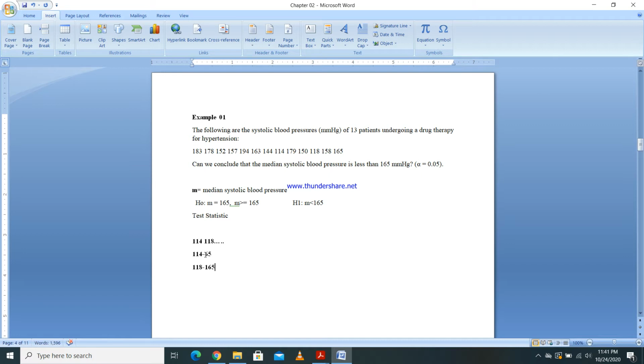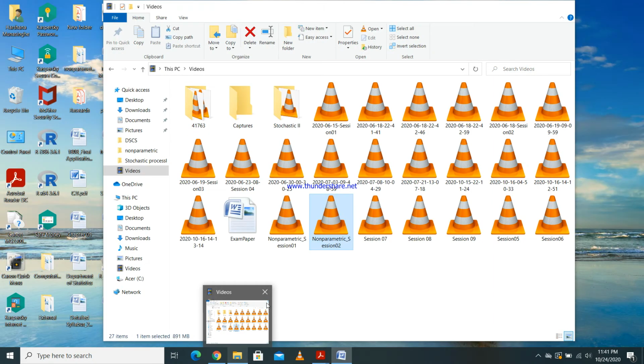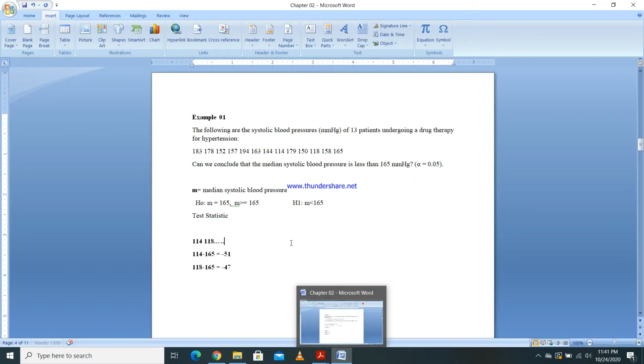When you take the difference between 114 and 165, that would be a negative difference, negative 51, and the next is again a negative difference, negative 47. So you have to take these differences, take the absolute values and rank them.